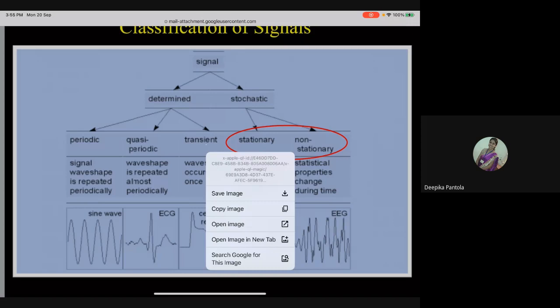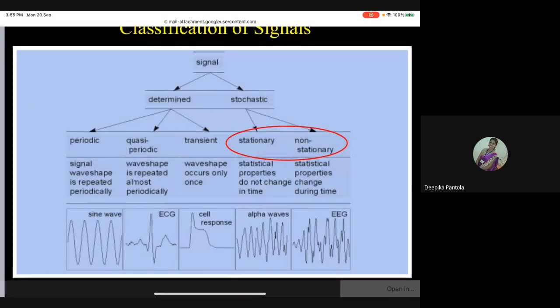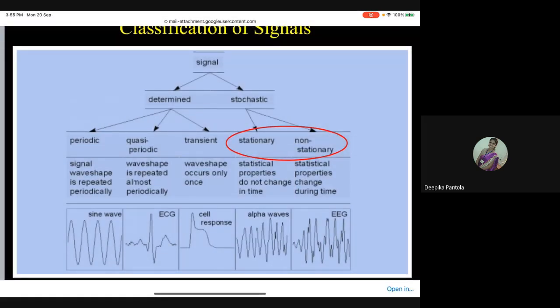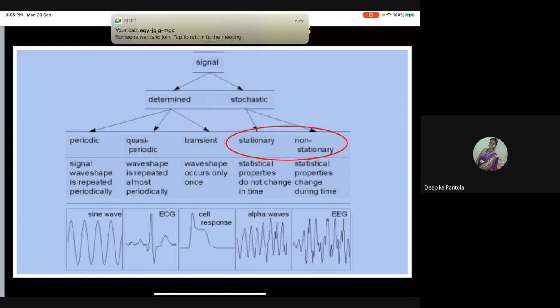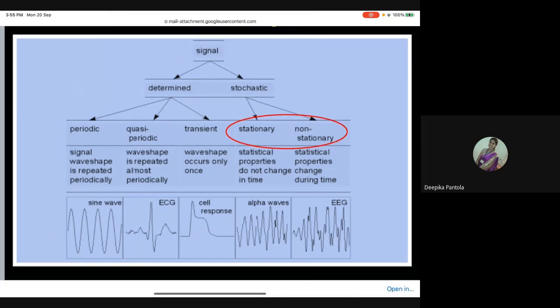So what do you mean by periodic? If a signal is repeating after a constant time interval, like a sine wave or cosine wave, we call it periodic. ECG is called quasi-periodic, right? And transient is basically a spike kind of thing.